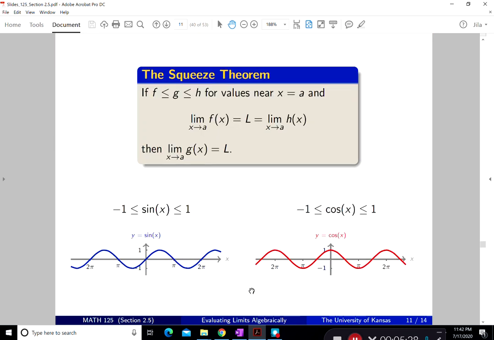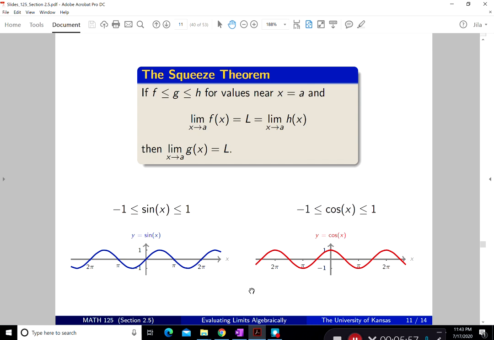So the squeeze theorem is, if f is less than or equal to g less than or equal to h for values near a, and the limit of f of x as x approaches a is equal to L, and the limit of h of x as x approaches a is equal to L, then the limit of g of x, the squeezed, sandwiched one in there, as x approaches a is equal to L also.